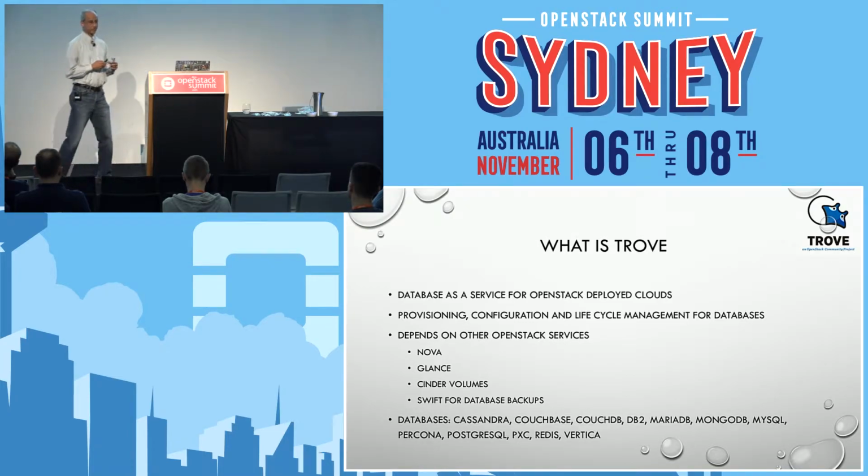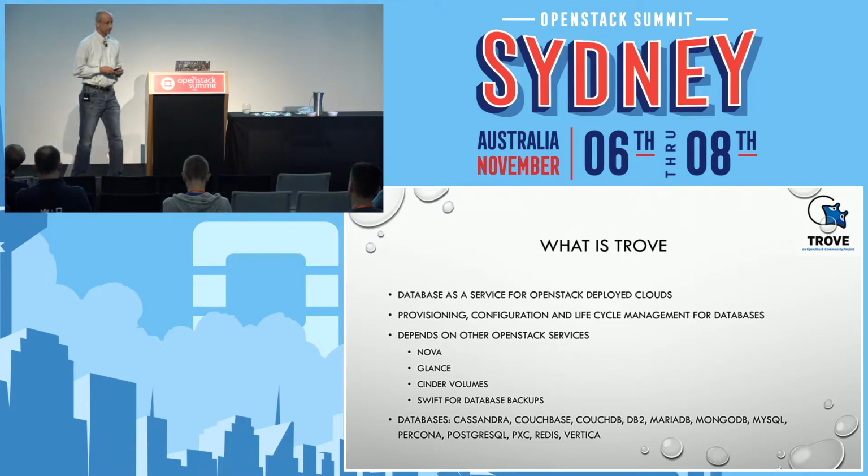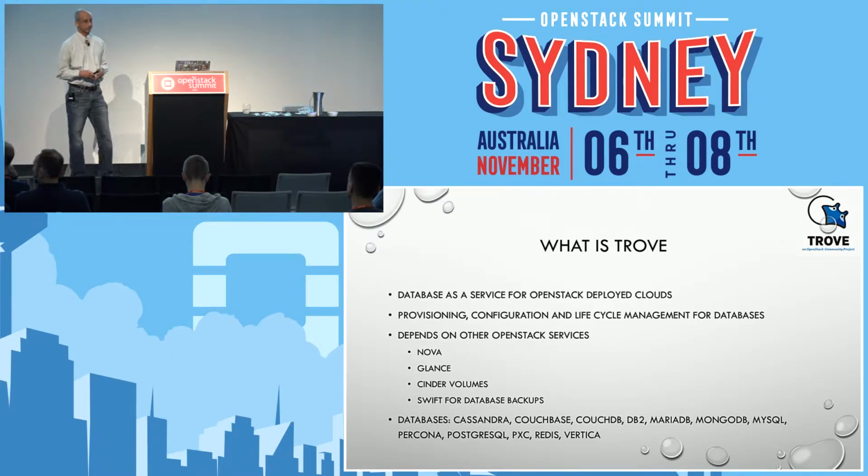It does depend on other OpenStack services. Nova for VMs. Trove primarily deploys into VMs, so it depends on Nova. It boots a standard image for a particular database, so the images are stored in Glance, as you'd expect.